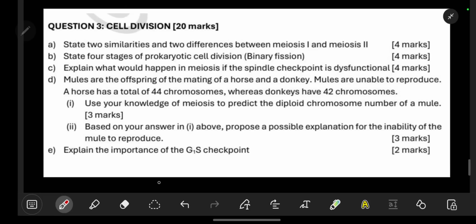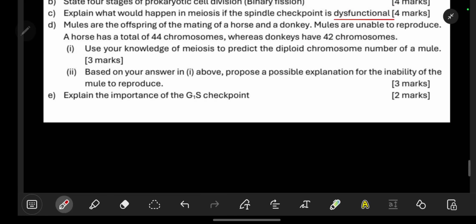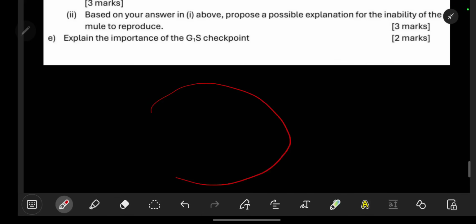For this one, it's asking what would happen if the spindle checkpoint is dysfunctional. So what is the spindle checkpoint? It is the point at which the chromosomes are checked to see whether or not the spindle fibers are correctly attached.